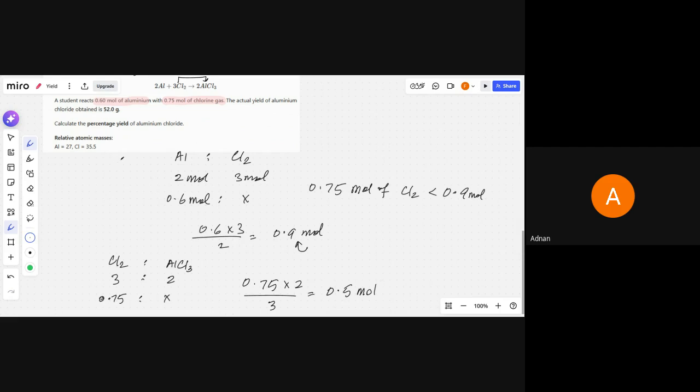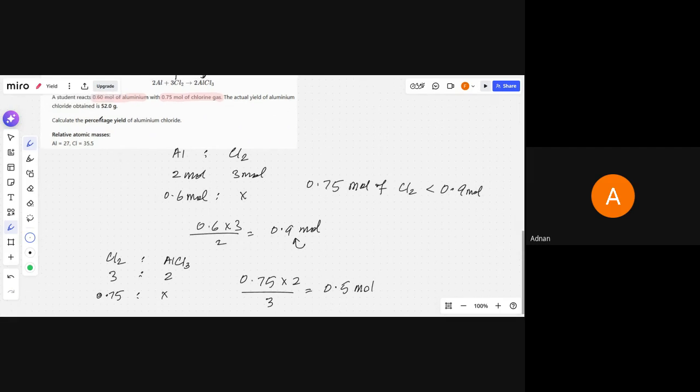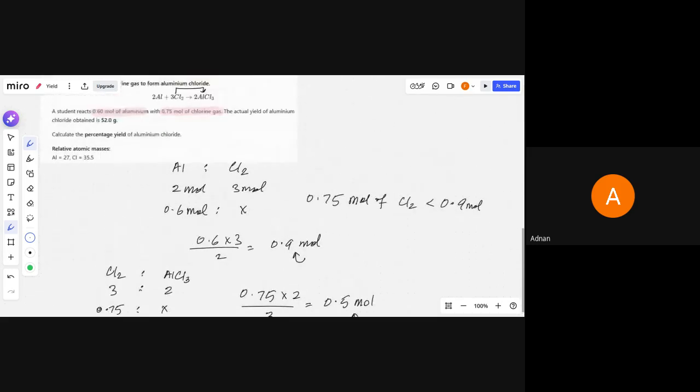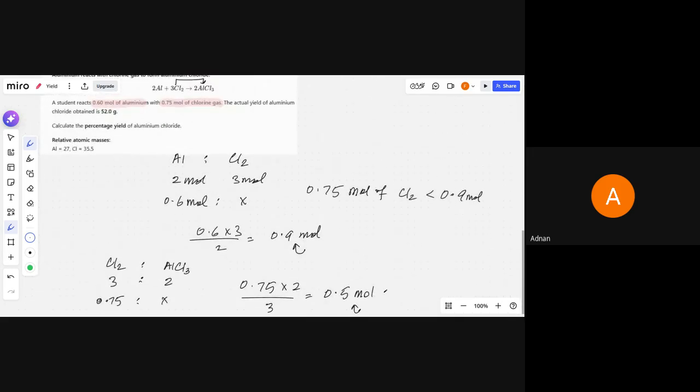The actual yield, which is given in the question, is 52 grams. Now I can either convert the moles into mass, or this mass into moles, because we just saw that it doesn't matter whether you take it in grams or moles, you will get the same answer. So let's convert this into mass, right? So 0.5 moles times what will be the molar mass of aluminum trichloride?